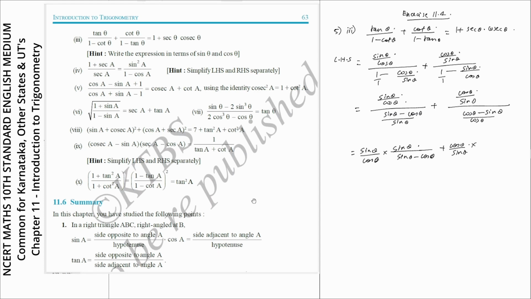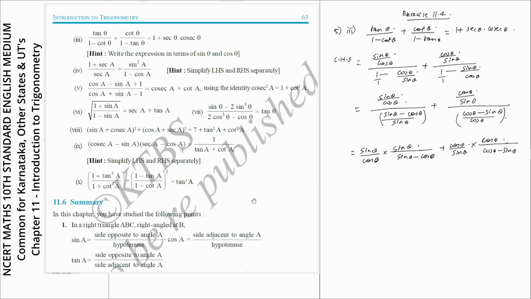Denominator I'll take to numerator. So this becomes now cos theta into cos theta minus sin theta. This part if I take to numerator, it will interchange. Here also this part when I take to numerator, it will get interchanged. That means denominator will go to numerator and numerator will come to denominator.